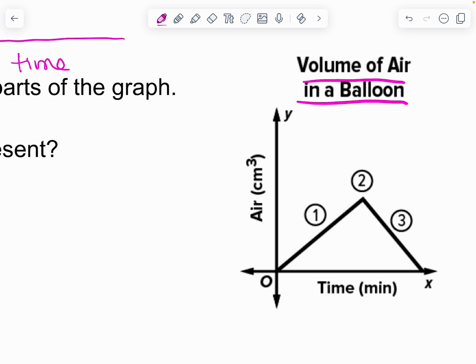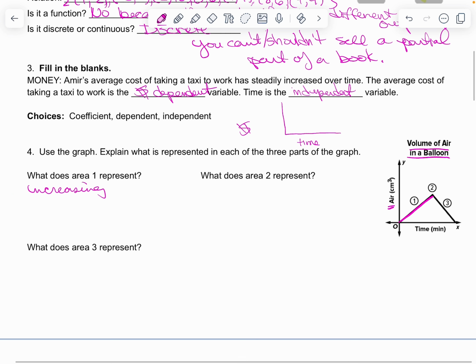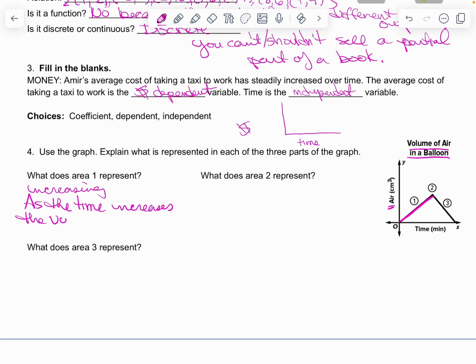So as time is going up, as it's increasing, the air is getting to be more and more. Okay? So as the time increases, the volume of air increases.